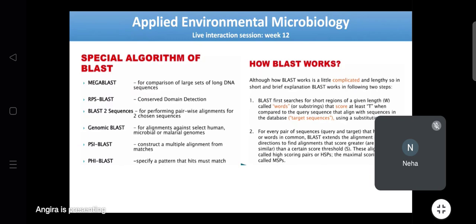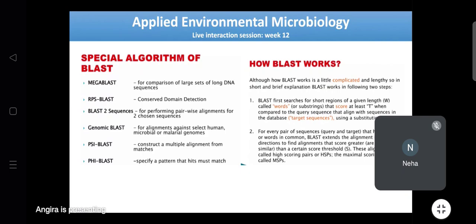PHI-BLAST is used to specify a pattern that hits must match. As I said, BLAST works on a somewhat complicated method, which is scoring depending upon the relatedness of two sequences. The first step BLAST does is search for short sequences of a given length known as W, also called words or substrings, that score at least T when compared to the query sequence and aligned with the sequences in the database, that is the target sequence.